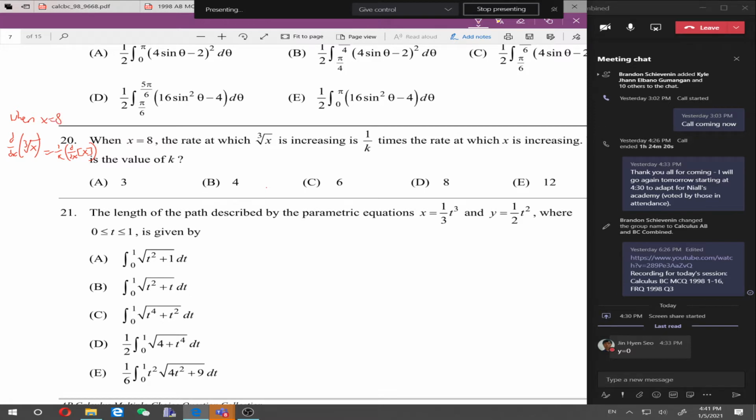So jumping over to Jin. Jin, what's going to happen when I derive the cubed root of x?